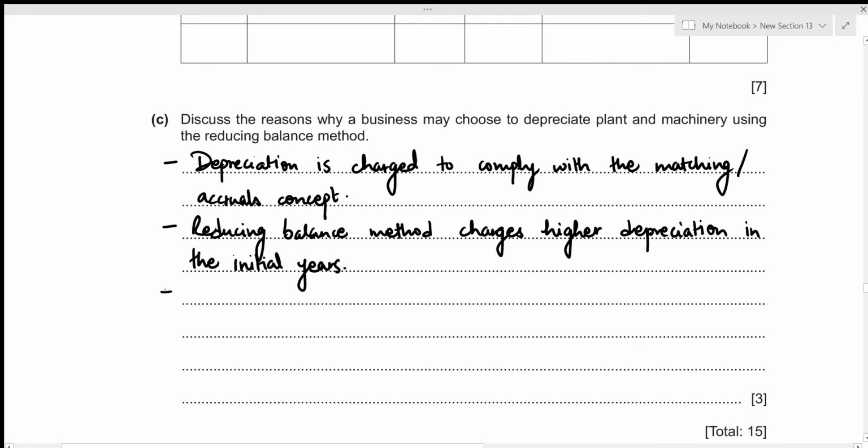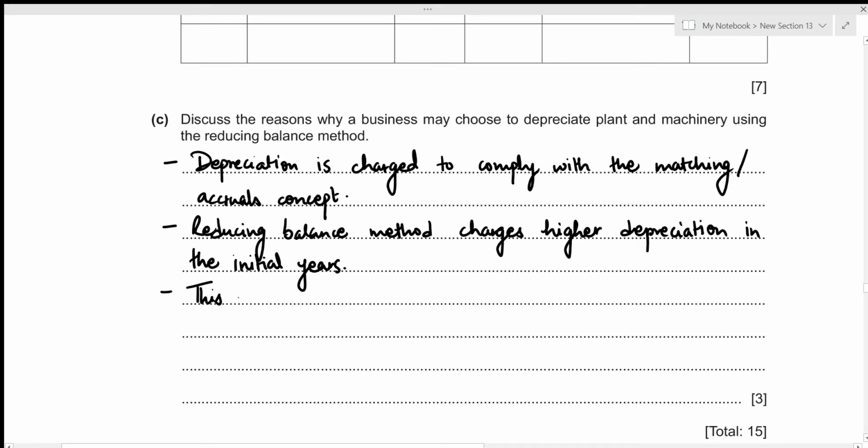And we're talking about plant and machinery, right? So this actually matches with it because plant and machinery are likely to be used more frequently in the earlier years, or we can say that plant and machinery is more productive in its early years. And since charging a higher depreciation in its initial years is actually justifiable. So let's write it down.